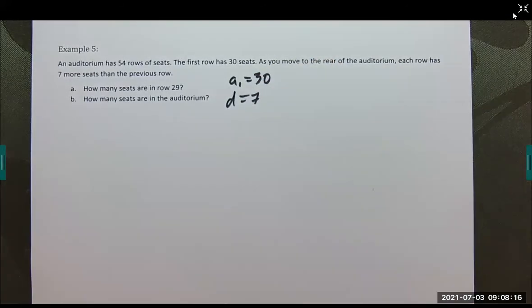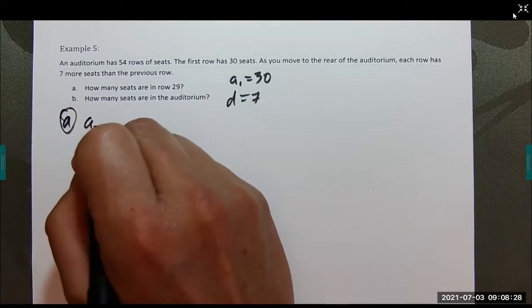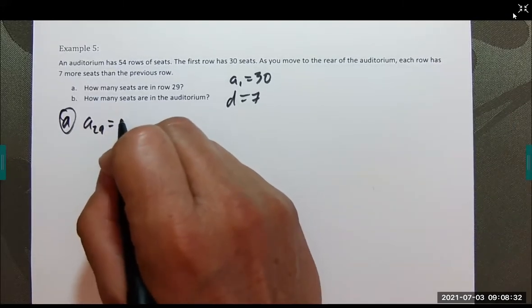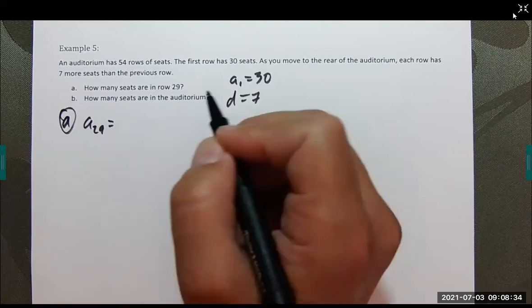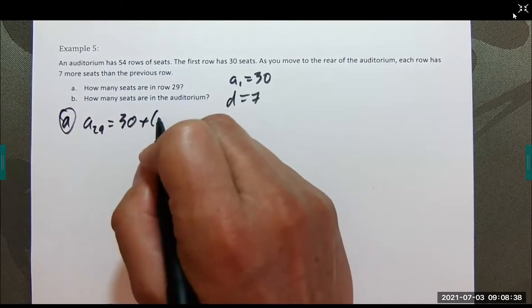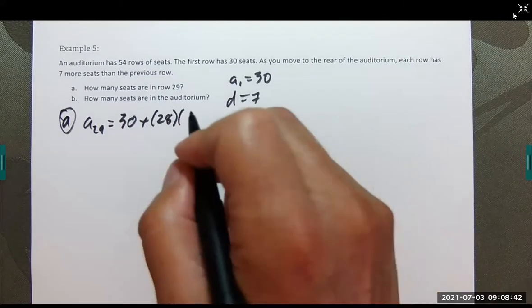So part A says, how many seats are in row 29? So that means A sub 29 is going to be, we don't know what that is, but we do know that the first term is 30 plus 29 minus 1, which is 28, times D, which is 7.